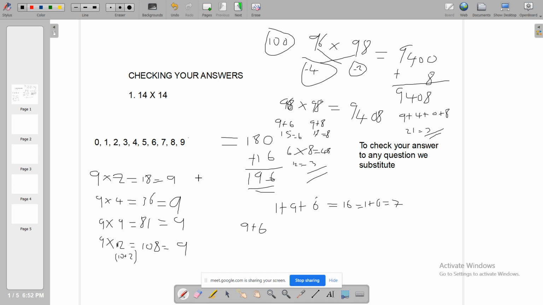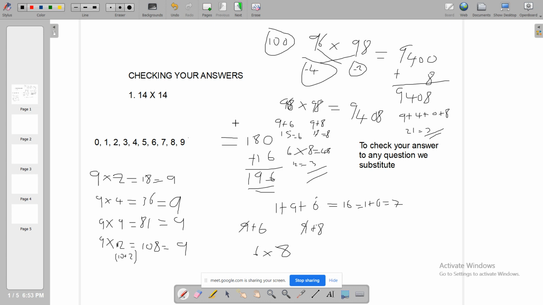Because this one is 9 here, I'll cancel it out. I won't even add it. Now I'll come to the next one, 9 plus 8. Now I'll also cancel this one. So now I'll be left with 6 times 8.